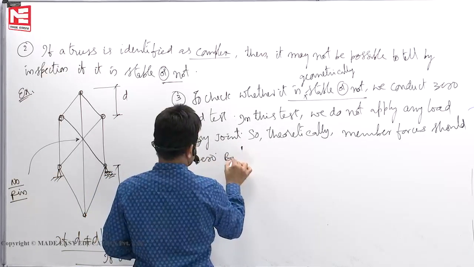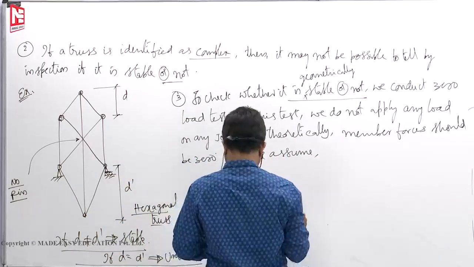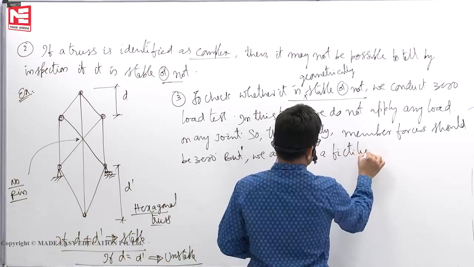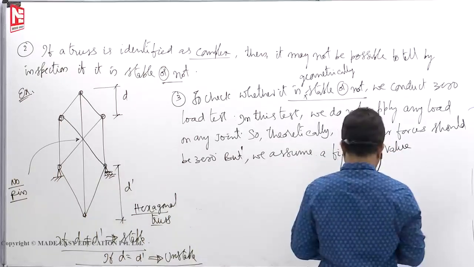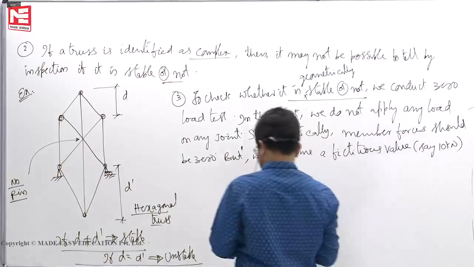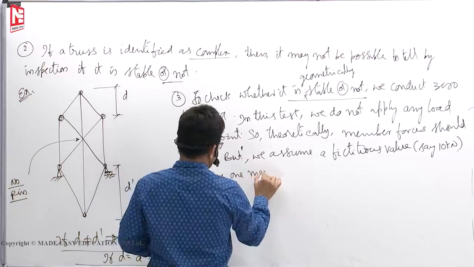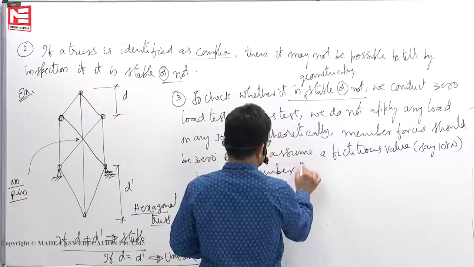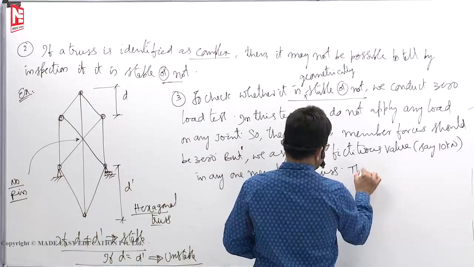But we assume a fictitious value, say 10 kilonewton, in any one member of the truss. Then analyze the entire truss.